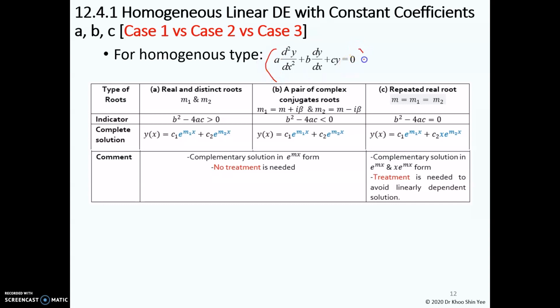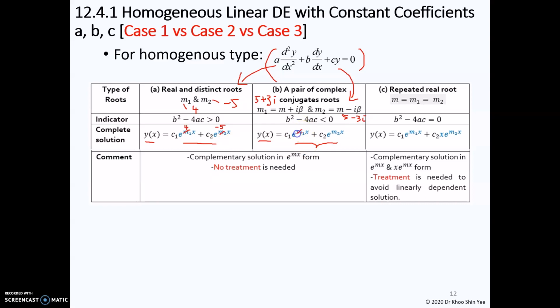If you solve the homogeneous ODE and obtain the roots to be 4 and negative 5, the complementary solution will be in this format, where you just substitute m1 equal to 4, m2 equal to negative 5. If you obtain complex roots, for example m1 equal to 5 plus 3i and m2 equal to 5 minus 3i, in this case your complementary solution will still use the same format.